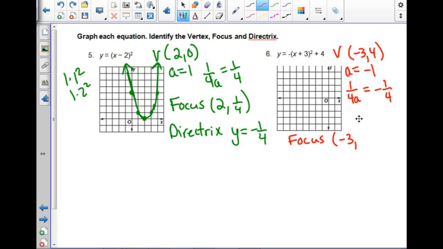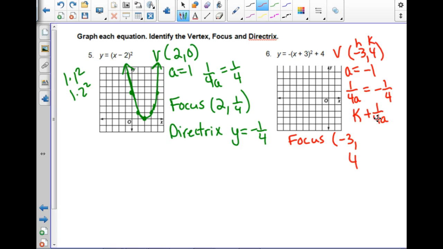What about it? Look at the formula, sweet. It says K. Okay, so tell me what these values are. K and 1 over 4A are of your vertex. Okay, so that would be 4.